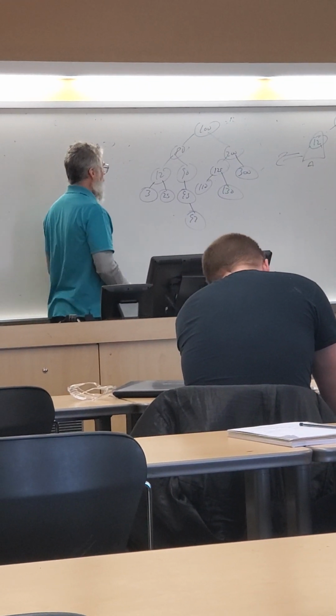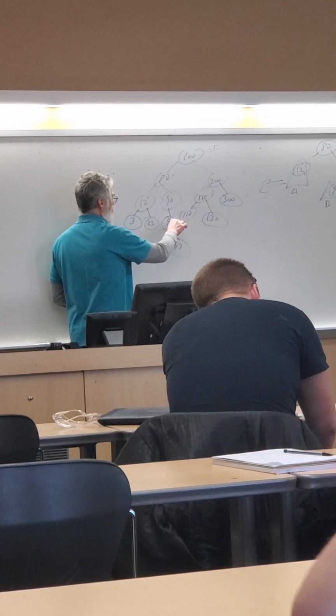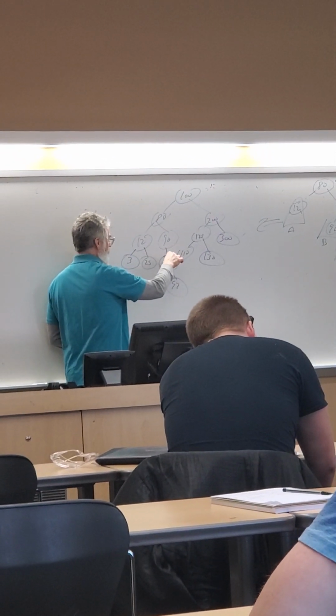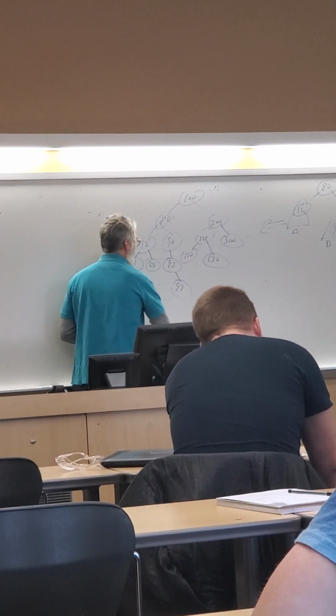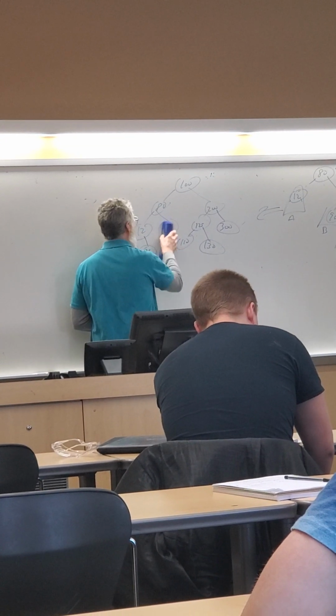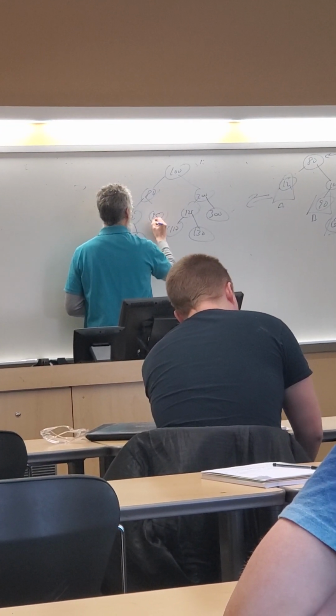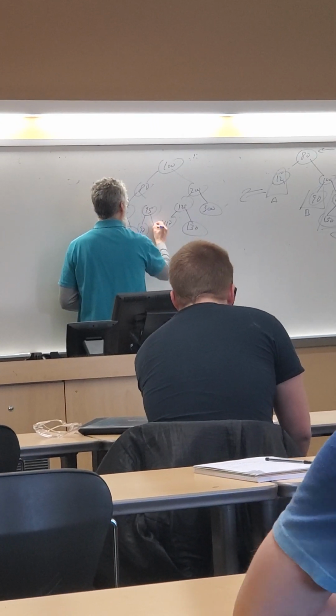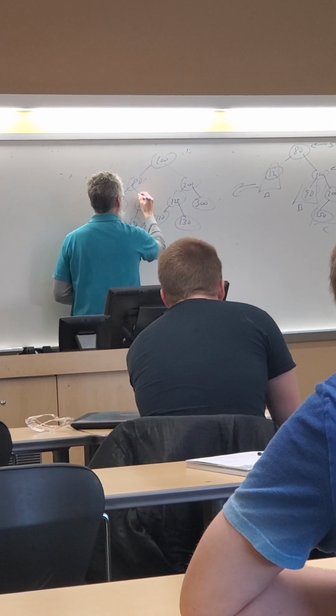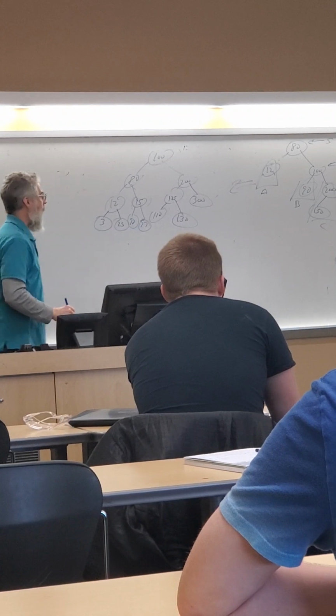All right, so 95 will become the new root of the subtree, with 90 as its left child and 97 as its right. So we'll be okay there.